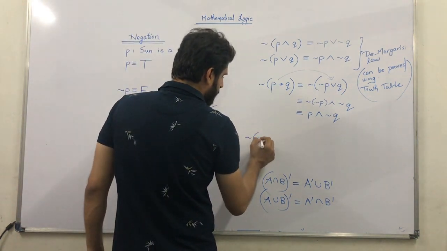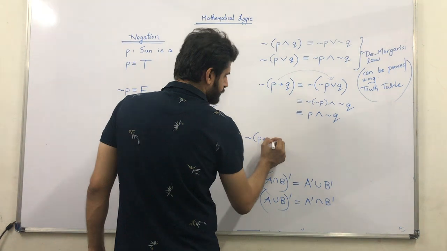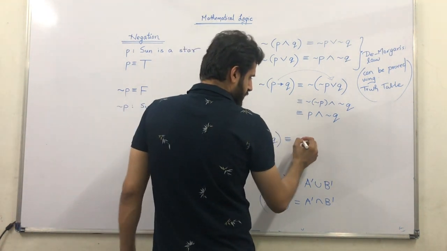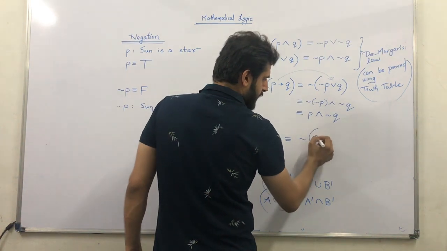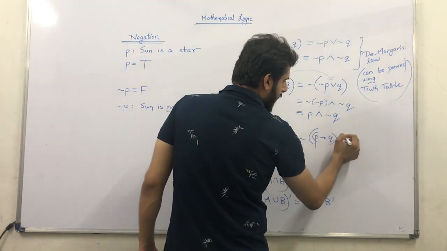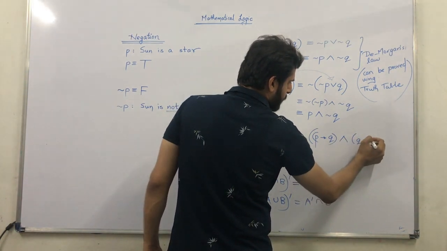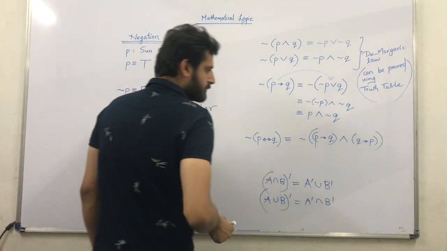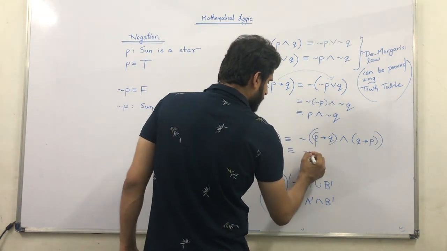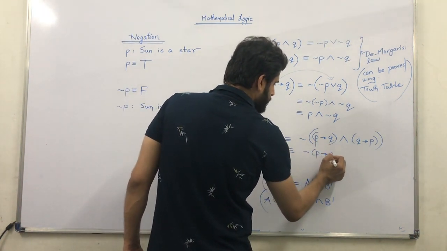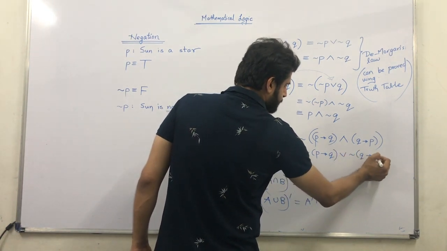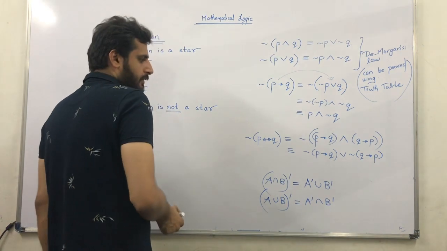Negation of P double implies Q can be taken as negation of (P implies Q and Q implies P), and it will be negation of P implies Q or negation of Q implies P, right?